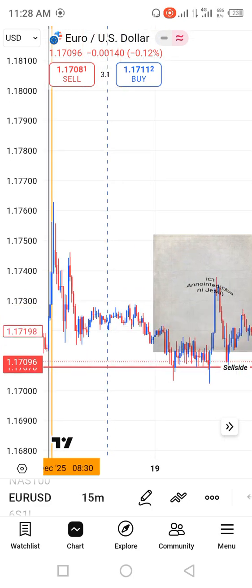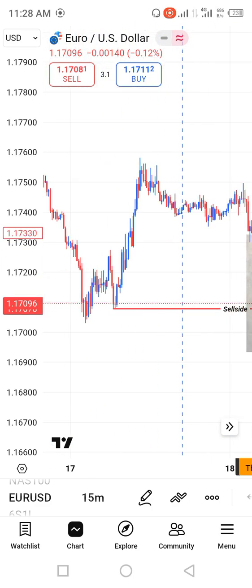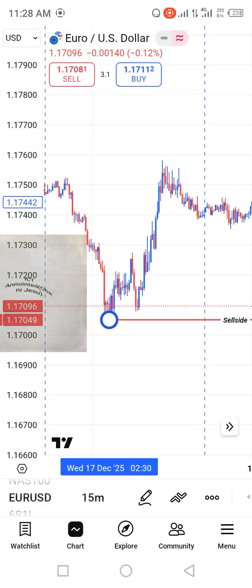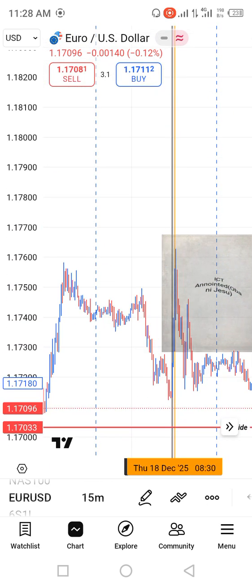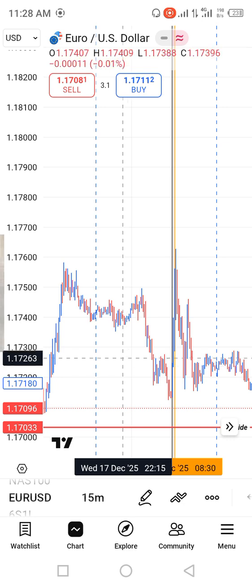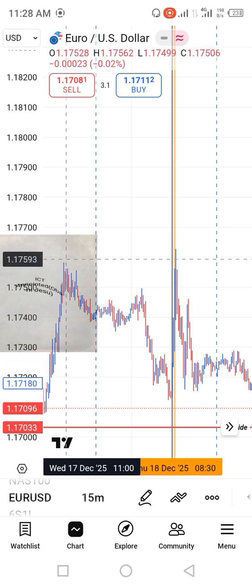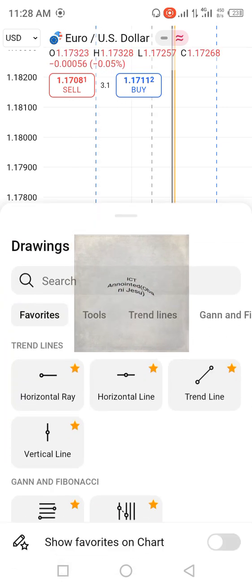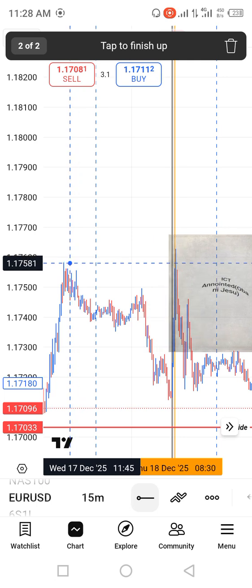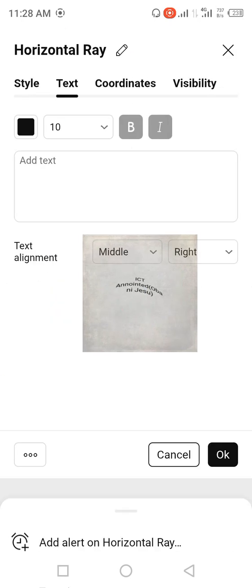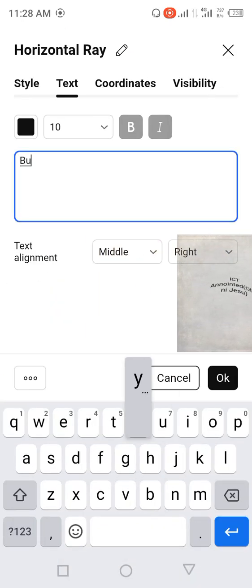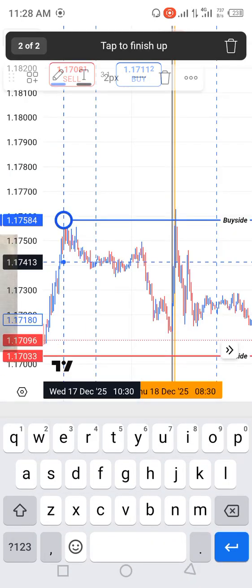Then what we have is relative equal highs here. I will mark it, we delineate it with blue as our buy side. Change it to blue. This is buy side liquidity.